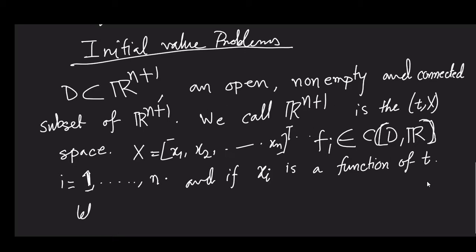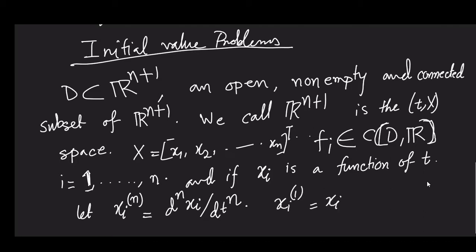Let this be a representation. So this denotes the nth derivative. So when n is equal to 1, we write it like xi dot. You are already acquainted with all this.